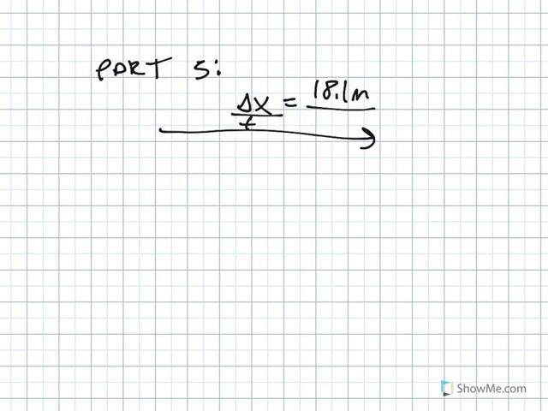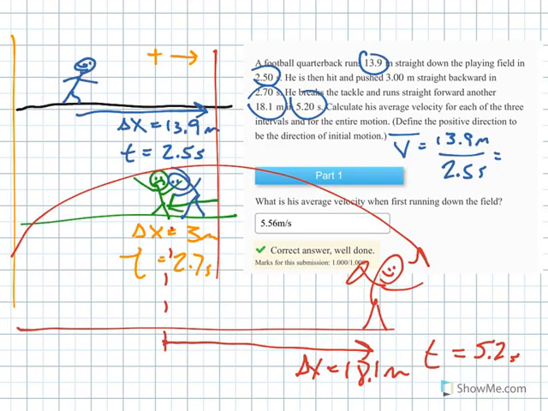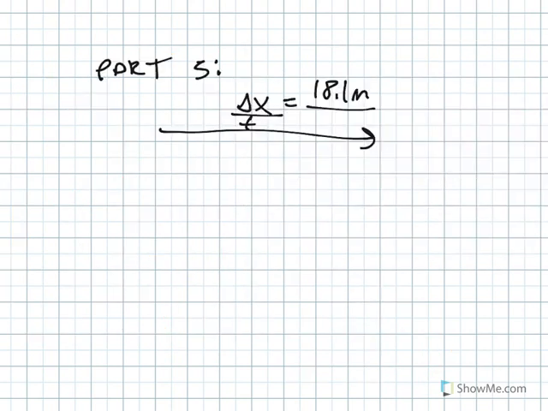I don't know. Let me go back here and look. 5.2 seconds. All right, so 18.1 and then 5.2. And that gives me 3.48 meters per second.